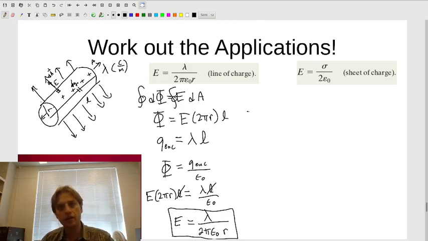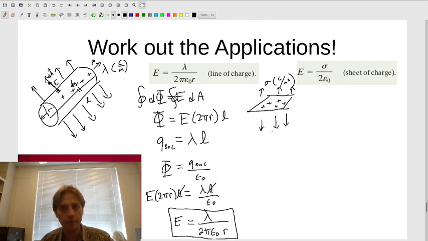On the other hand, let's say that we had a sheet of charge. Now this has a sigma, which is charge per meters squared. In that case, if I had a whole bunch of plus charges spread out here, I would expect the electric field not to be pointing radially outward, but to be pointing up and down.